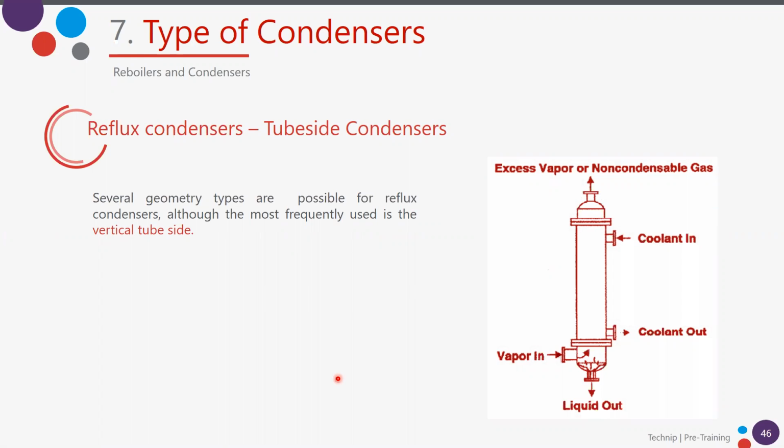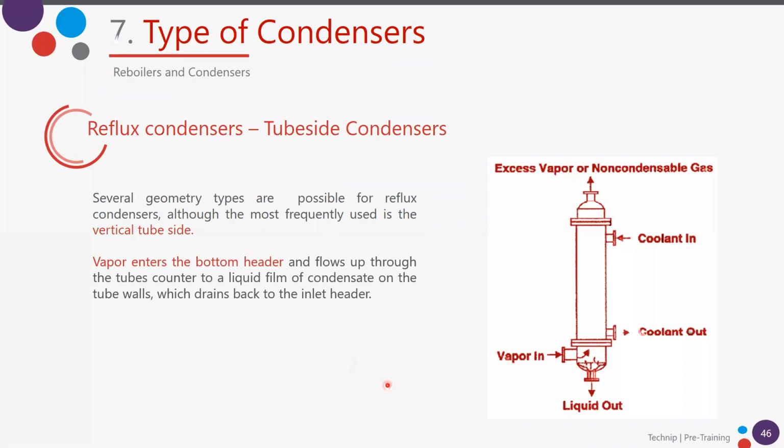Several geometry types are possible for reflux condensers, although the most frequently used is the vertical tube side. Vapor enters the bottom header and flows up through the tubes, counter to a liquid film of condensate on the tube walls, which drains back into the inlet header.